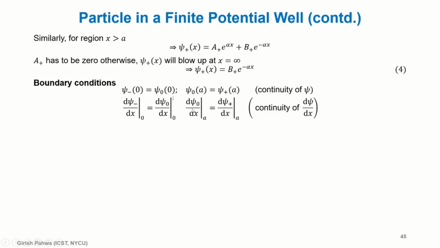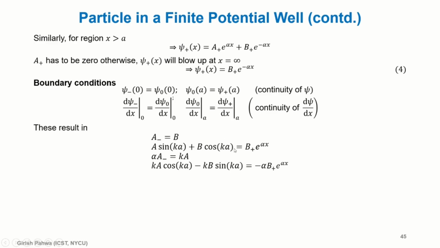and plug in all of these conditions, what you get is these relations. So what you will do, for example, is put x equal to 0 into ψ minus, which was A minus into e to the power αx. You put 0, so that will give you A minus. It must be equal to ψ naught 0.